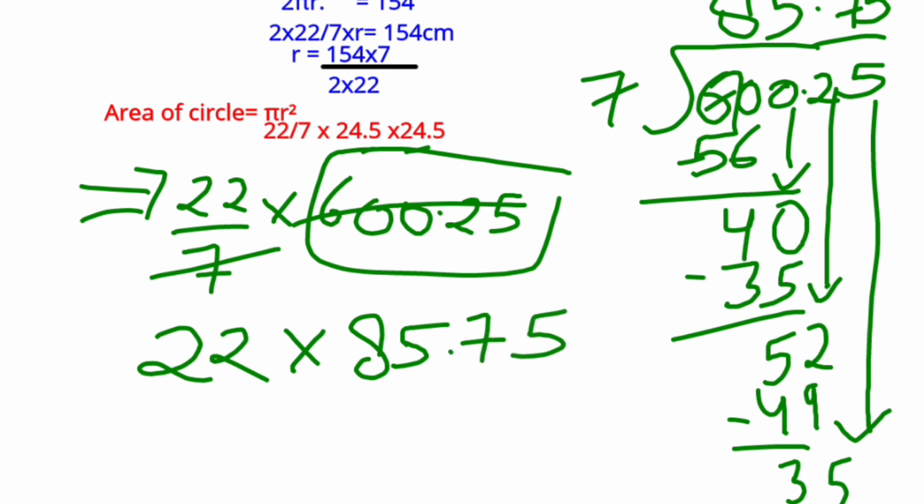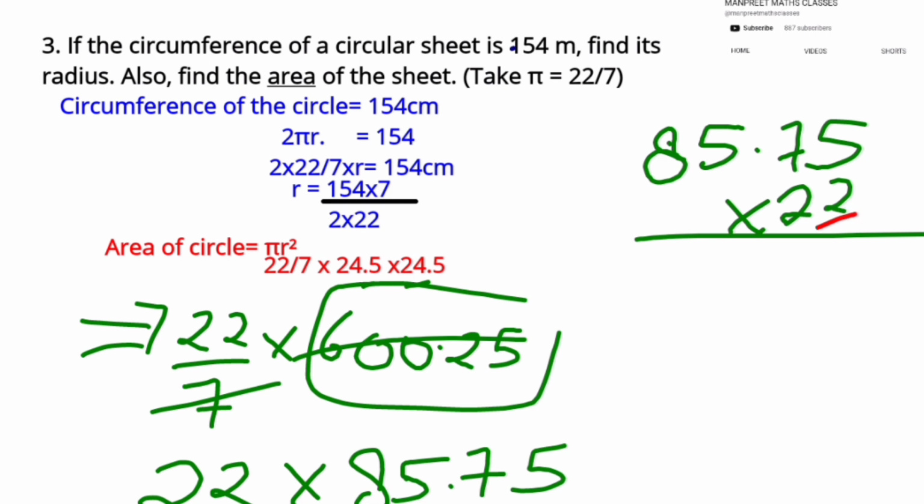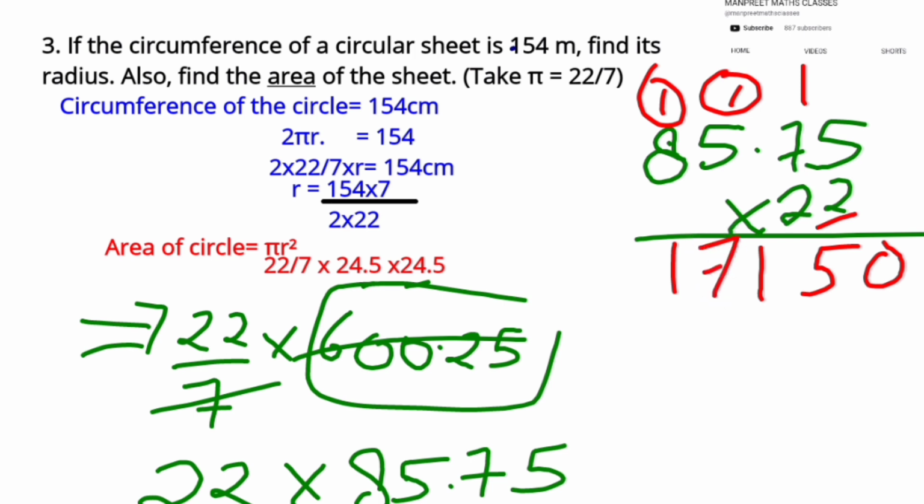85.75. Now we'll multiply to get our final answer. Let's multiply it. 2 5s are 10, 0, 1 carry, 7 2s are 14 plus 1 15, 5, 1 carry, 5 2s are 10 plus 1 11, 1 carry, 8 2s are 16 plus 1 17. Now again we have to multiply with the table of 2, so we'll get the same numbers.